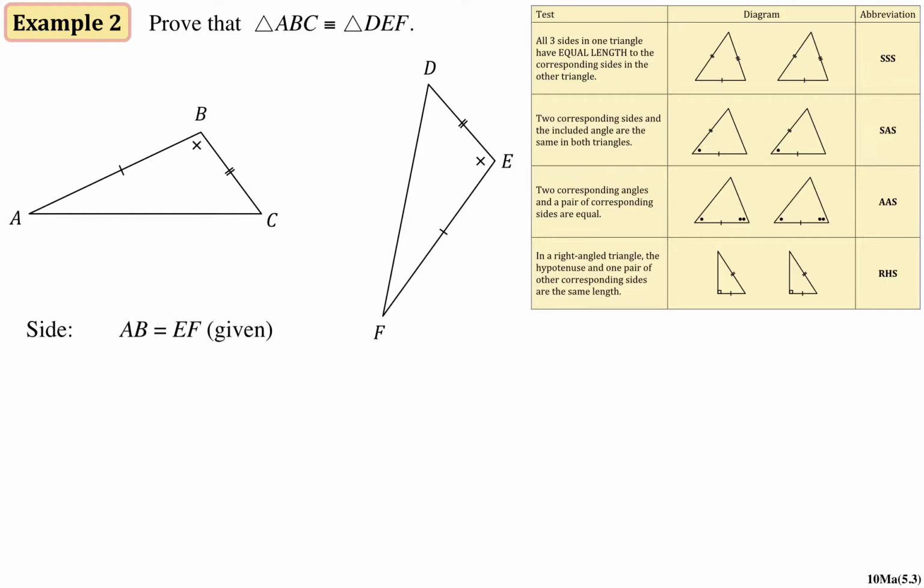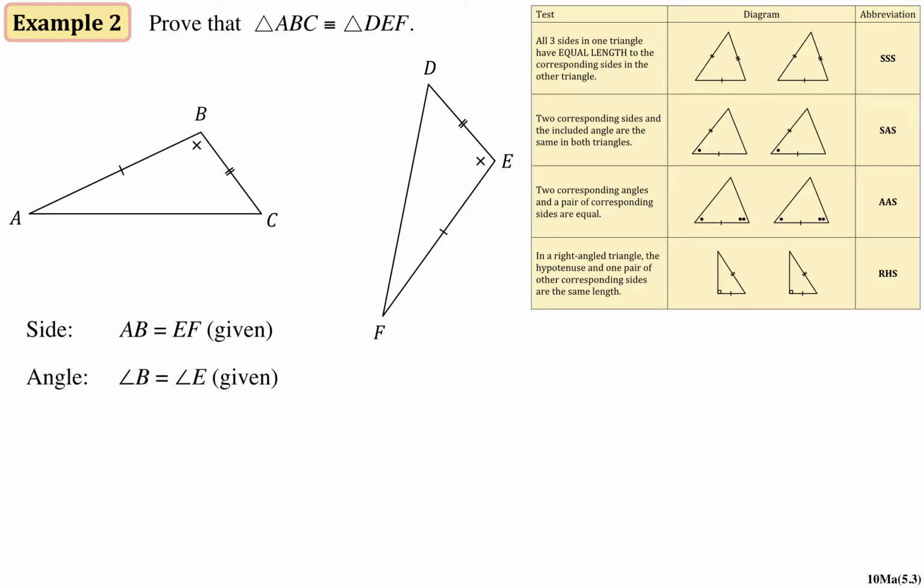So, which sides match up? Well, if I look at the single dash, I've got an AB, which matches up with an EF. So I've gone AB equals EF. Now I don't know their lengths, but I know they're the same because of those dashes. So what I do is I write AB equals EF, and that's given. When I say it's given by those little lines, it means that they're the same length.